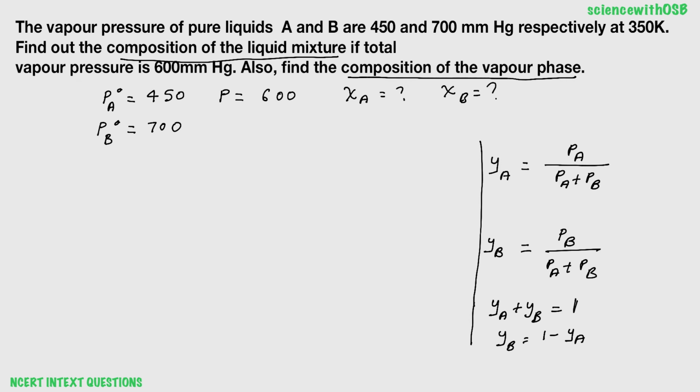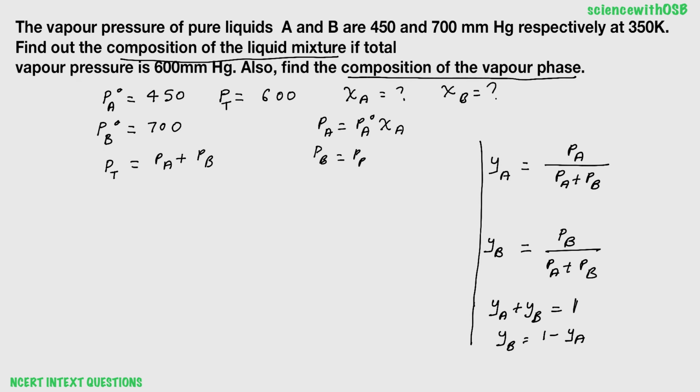Now see total pressure. Total pressure is 600, right? Total pressure is equal to PA plus PB. Now we know what is PA and PB. What is PA? PA is PA standard chi A, which you already learned, right? What is PB?